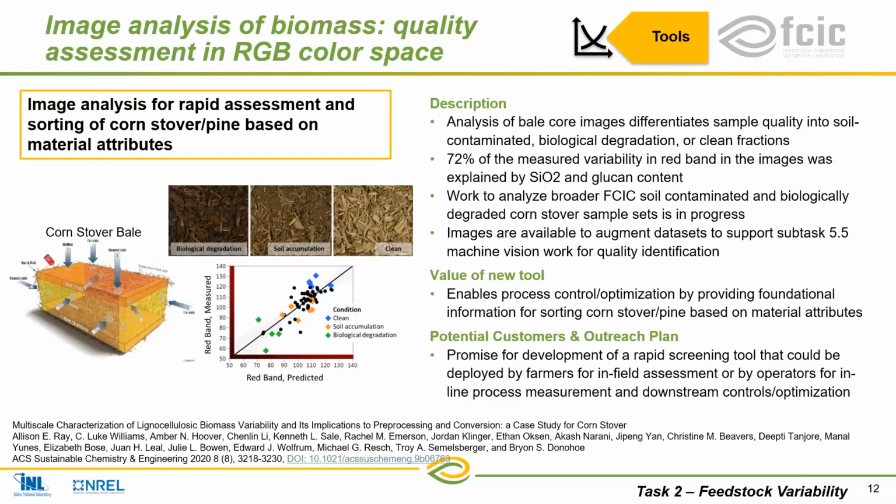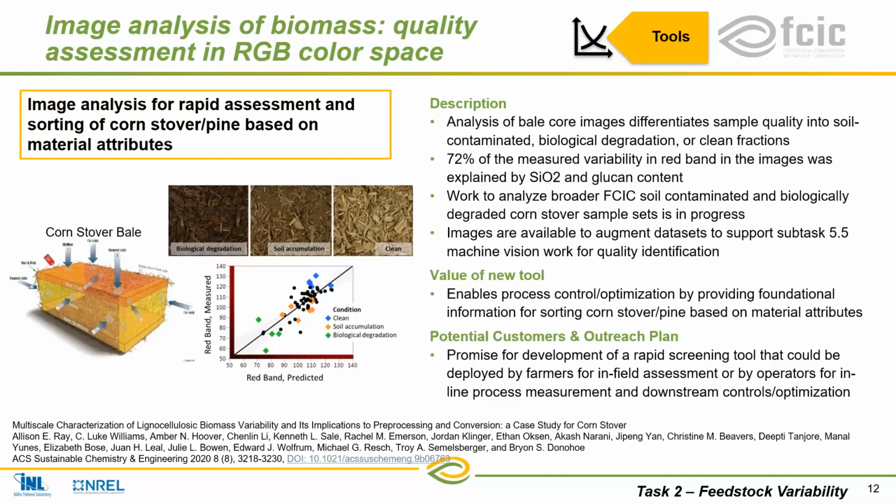In this work, researchers from task 2 used a very low-cost RGB sensor, essentially a cell phone, and correlated images to the glucan and silica content, and they were able to use these data to measure the extent of degradation.